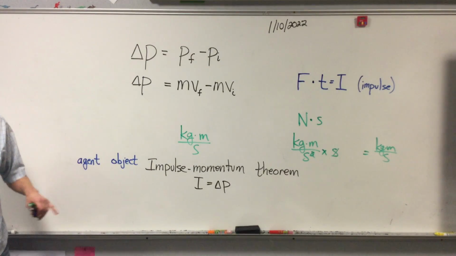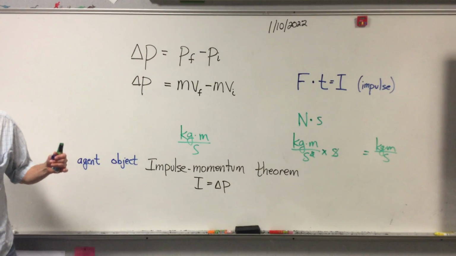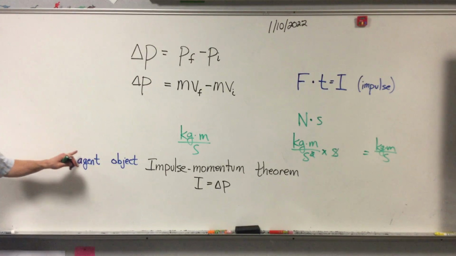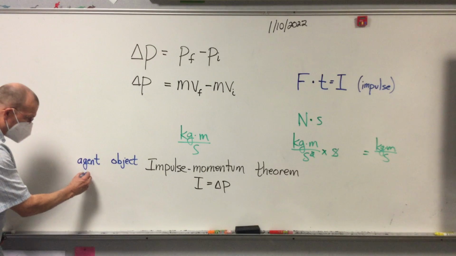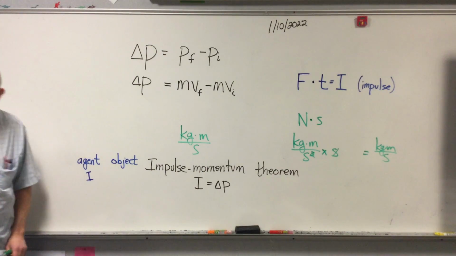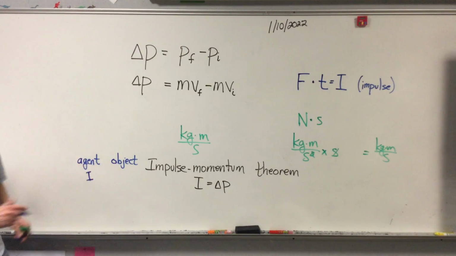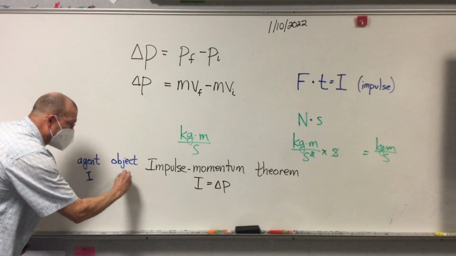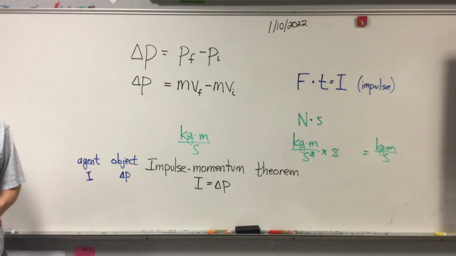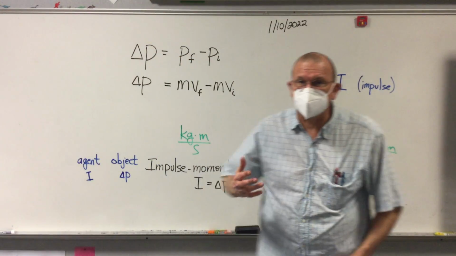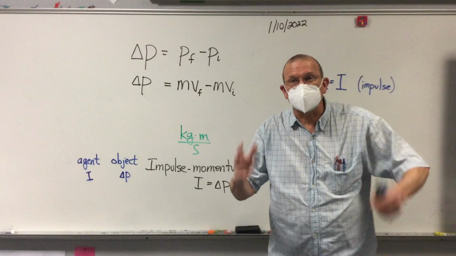When you think of the impulse momentum theorem, I think of it as an agent and an object. The agent is responsible for the impulse. The object is the thing that actually undergoes a change in momentum. Now, I tried to make this really simplistic with the shopping cart example.